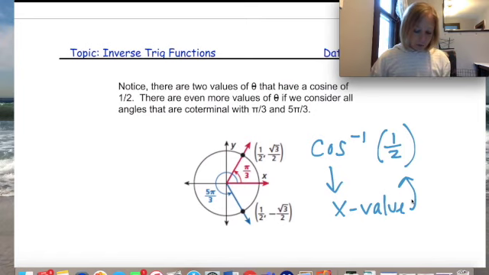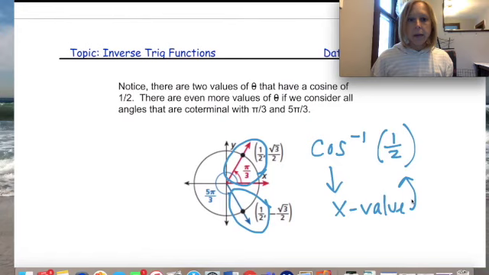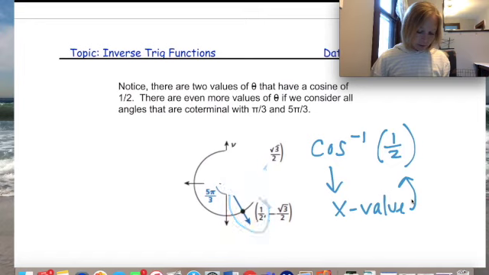Well, if you see the picture here at pi/3, I have that x value of 1/2, and also at 5 pi/3, I have the same thing. So there's going to be more than one answer when we're asked to use our unit circle to find these inverse relations.